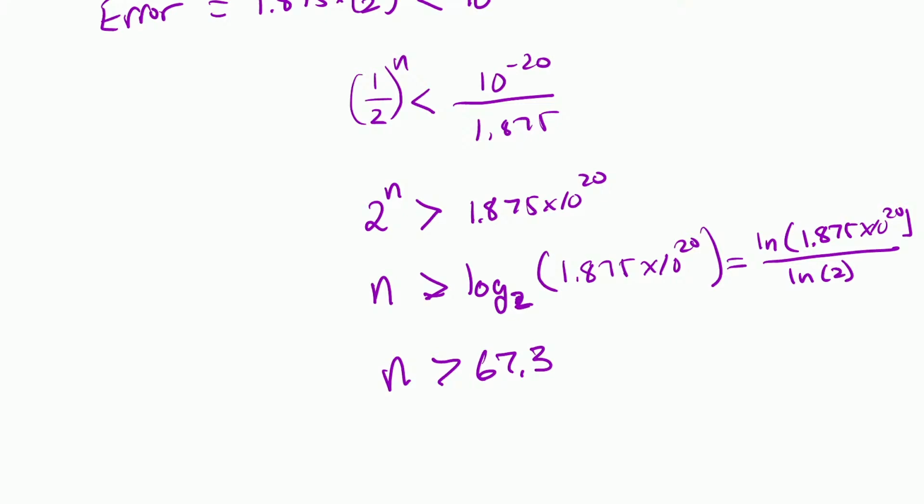In other words, if it has to be bigger than 67.3, I'd have to do 68 iterations. Seems like a lot by hand, but a computer takes almost no time at all. So not too bad. You'll have questions like that.